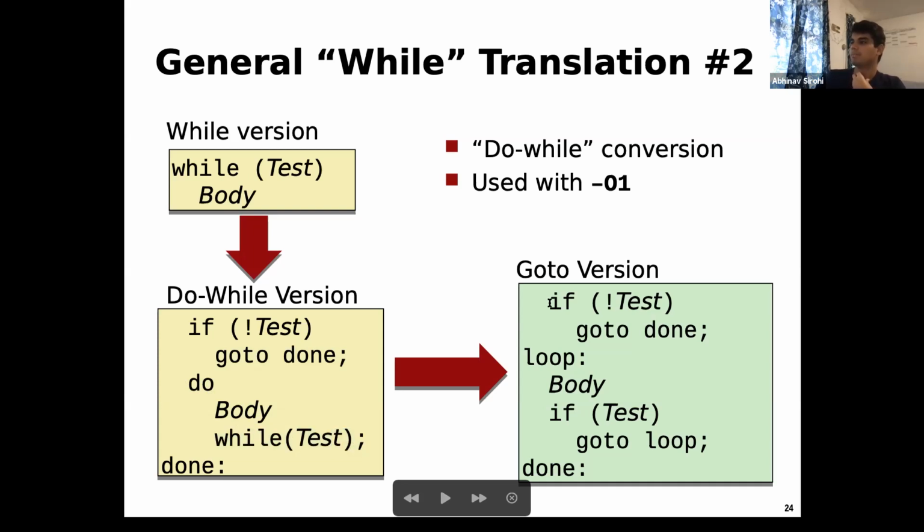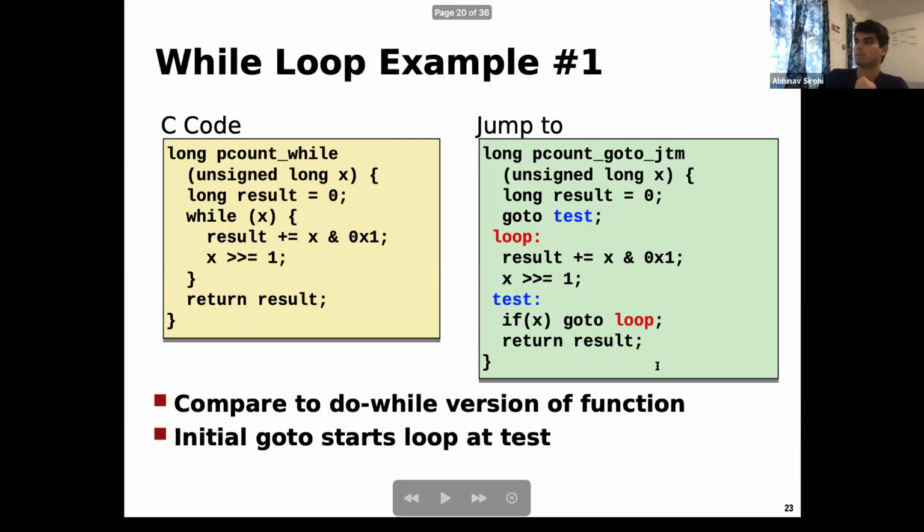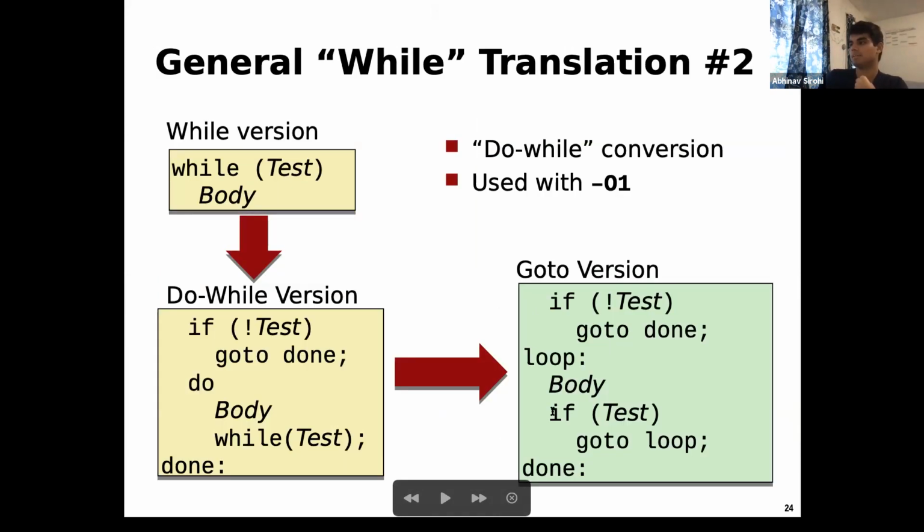So here it initially just checks if the test condition isn't true, goes straight to done, and so in this way we don't need another label just for the testing part of it the way we did here. We needed another label just for testing, but we don't need that anymore. The test happens as part of the loop body itself, sort of.